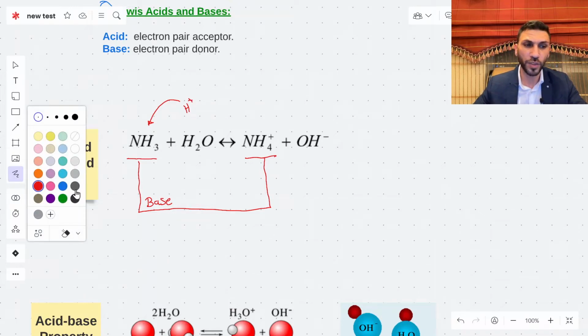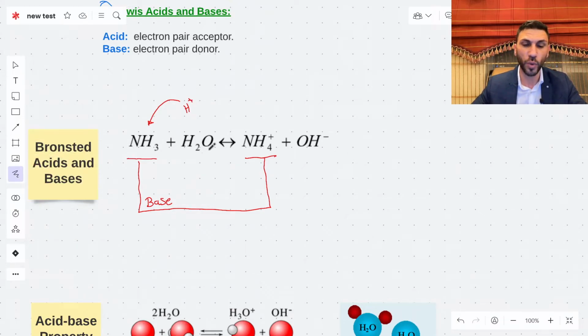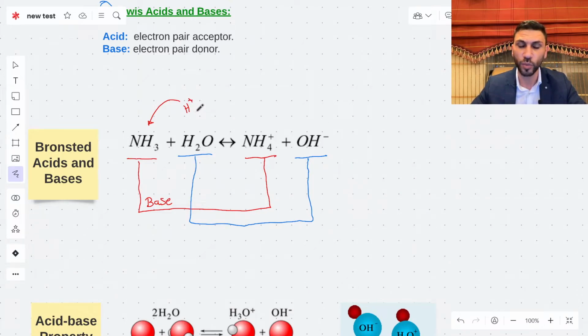Now, what happened to the H2O? If you check H2O, it was H2O before the arrow. We have two hydrogens, one oxygen and no charge, and then it became OH negative. That means it lost H positive, which means it donated H positive.